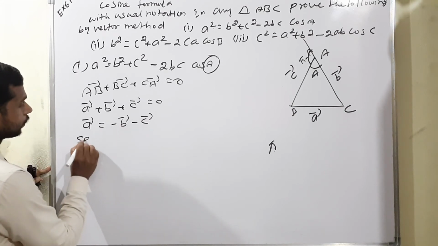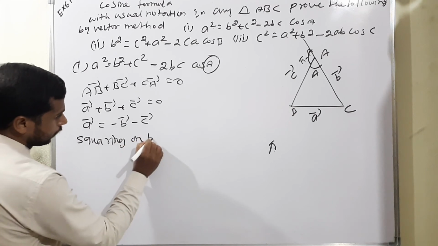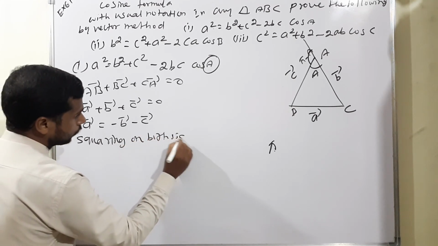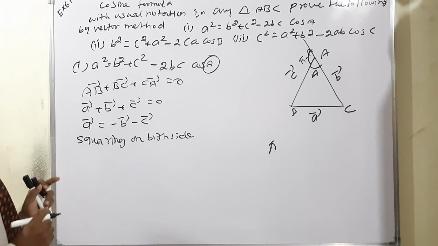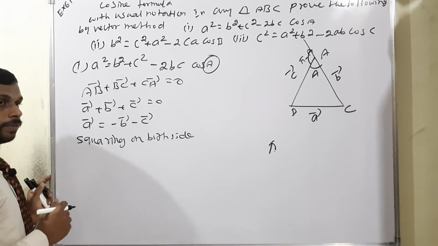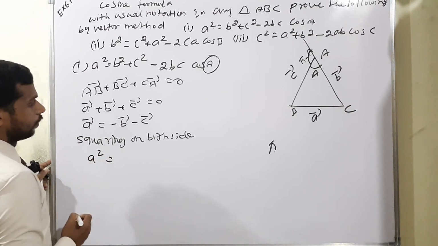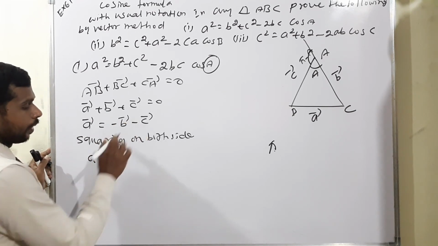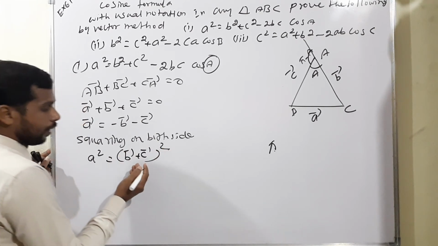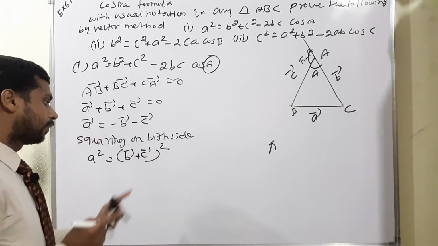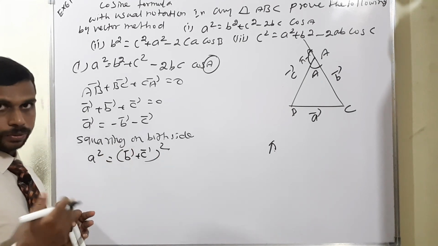Again squaring on both sides, A vector dot A vector means A square, as we already know. So we can write A square is equal to the whole square of B vector plus C vector. If you apply the square, we can write it without the vector also.